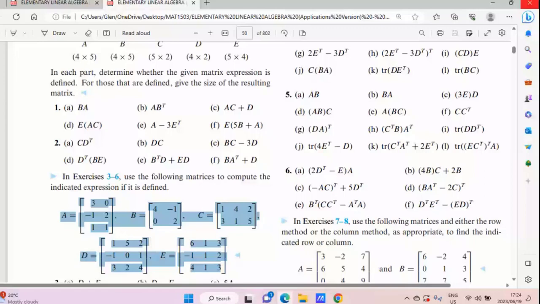Lerato, let's start now. What is the size of the final matrix before we go to an answer? 3 by 3. Okay, hang on.